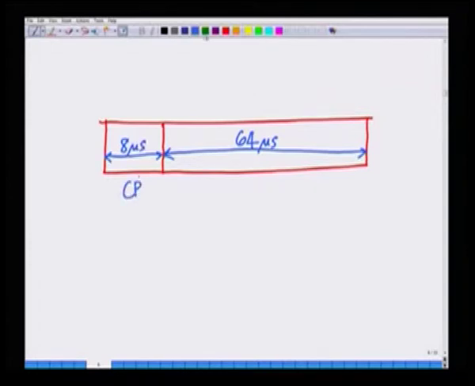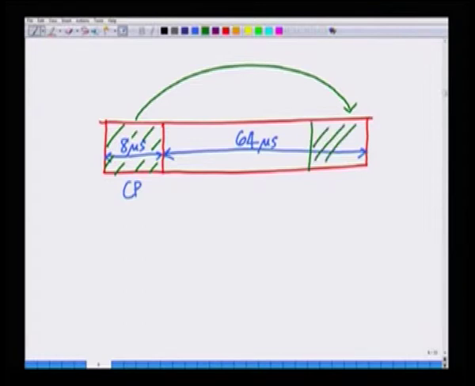This is the cyclic prefix. In fact, this 8 microseconds is drawn from the last 8 microseconds of the OFDM symbol. It is not removed, it is simply copied and prefixed before the OFDM symbol.